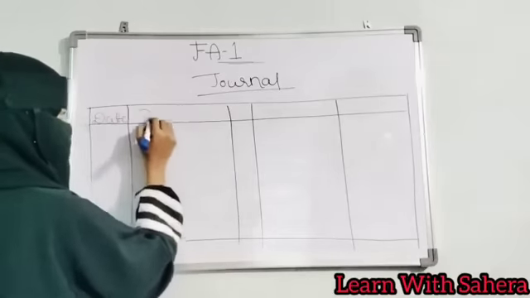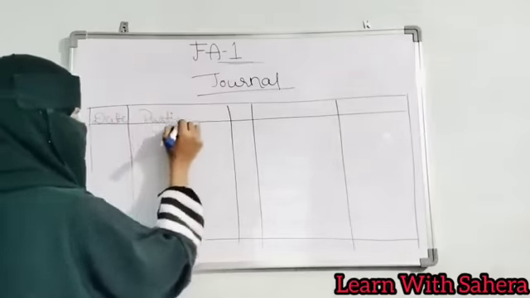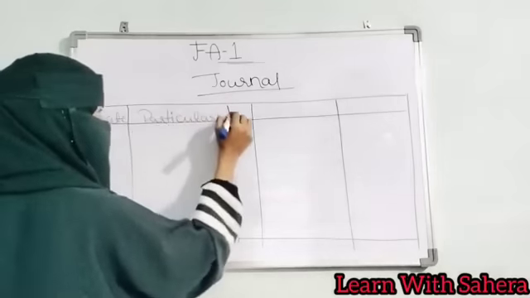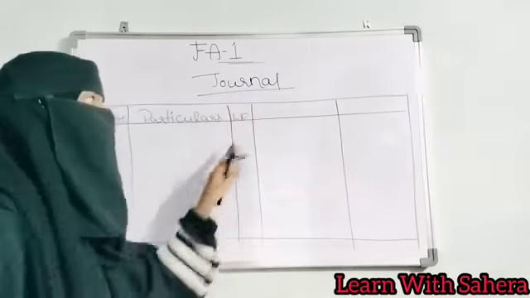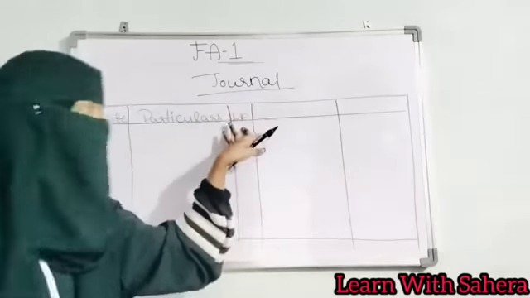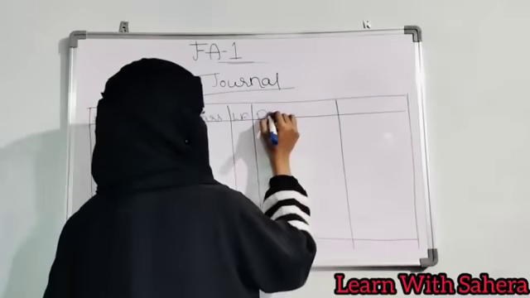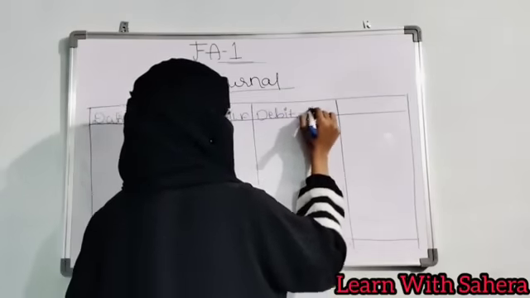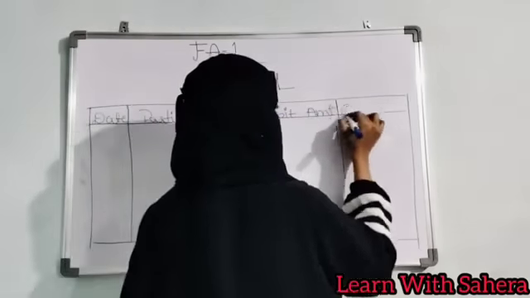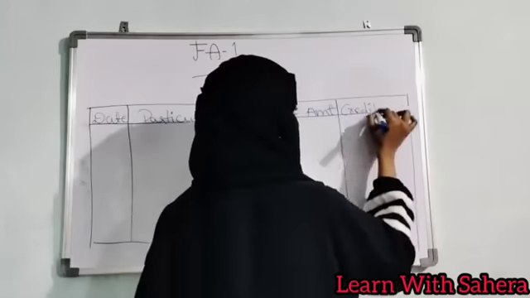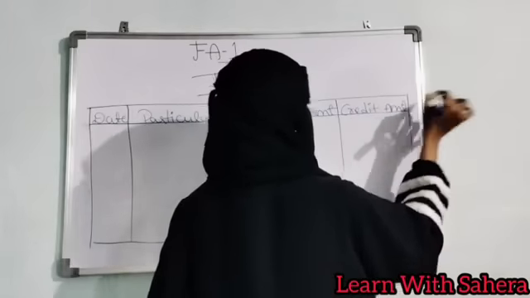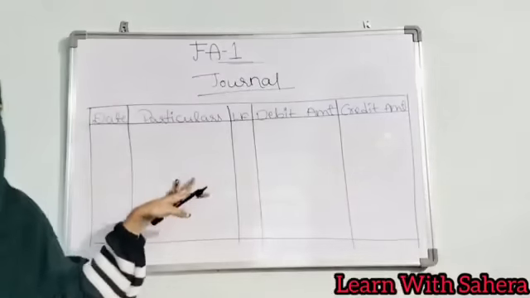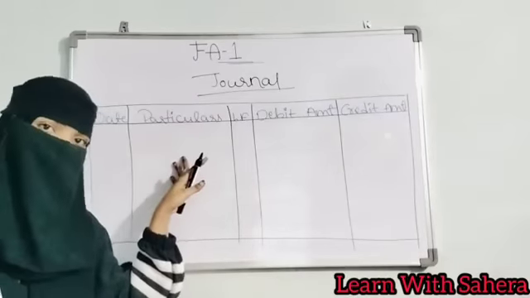Date, particulars, LF. LF is nothing but ledger folio, children. Here it is debit amount. Here it is credit amount. Okay. This is your journal entries proforma.